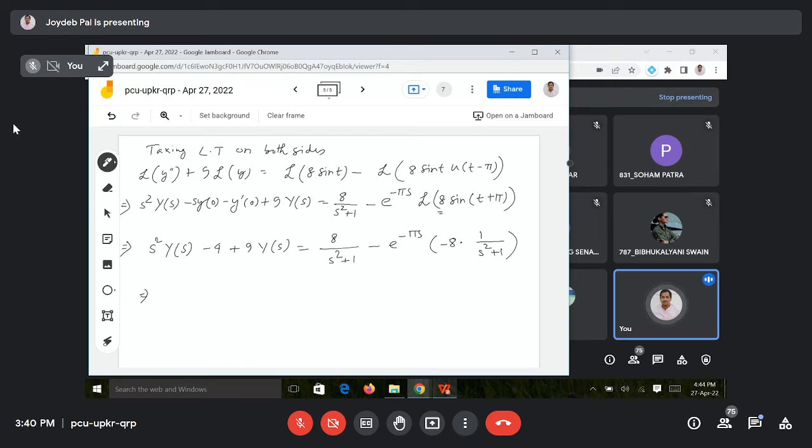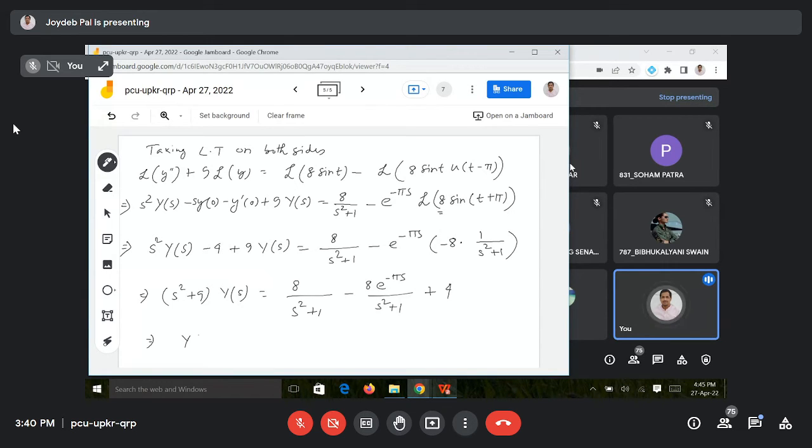Fine. Now you simplify it. (s² plus 9) into Y(s) is equal to 8 divided by s² plus 1 minus 8 e to the power minus pi s divided by s² plus 1, and plus 4. Okay.